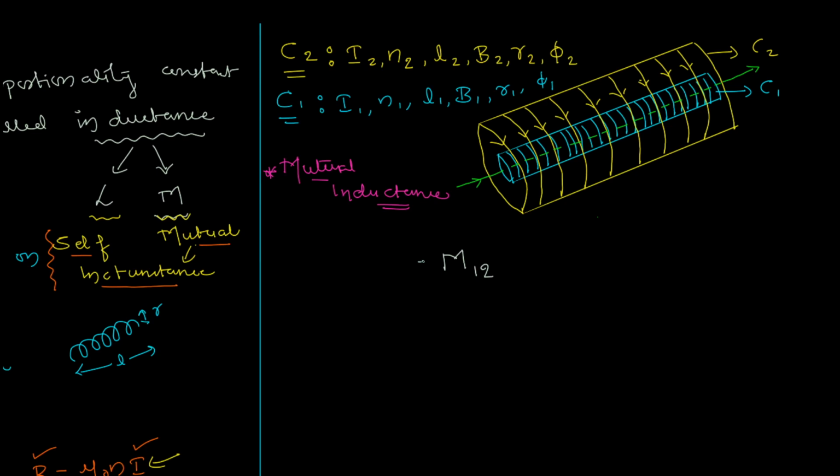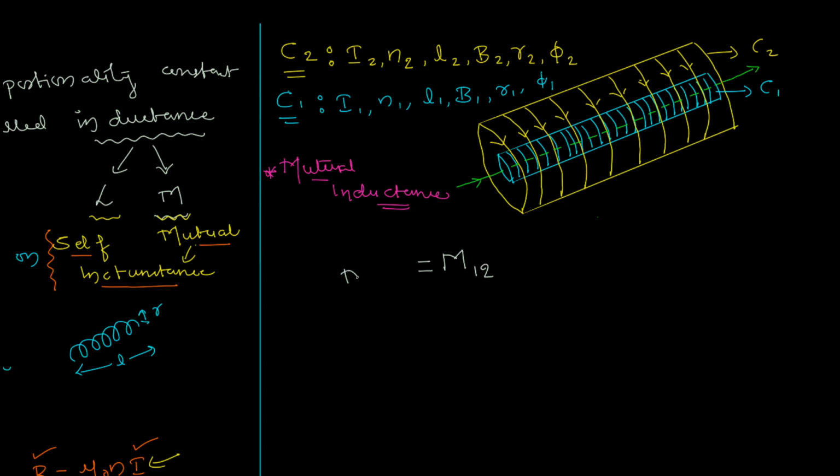It is going to be equal to the number of turns in the first coil times the flux, I'm sorry, the flux is actually changing through the first coil, right?